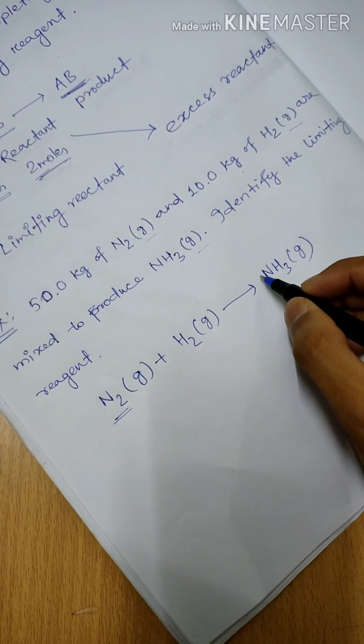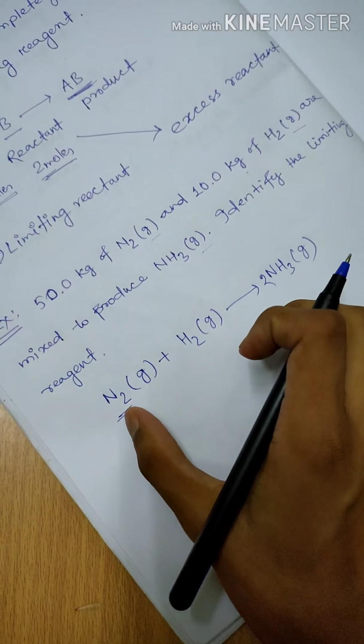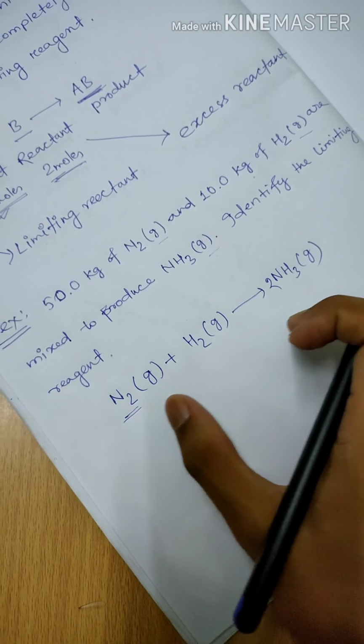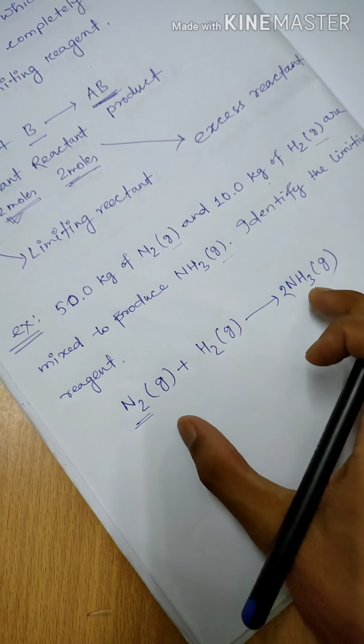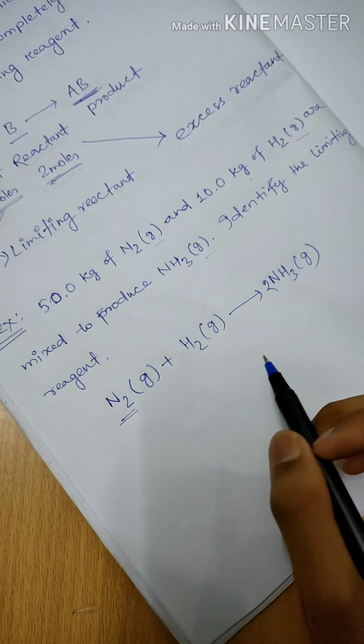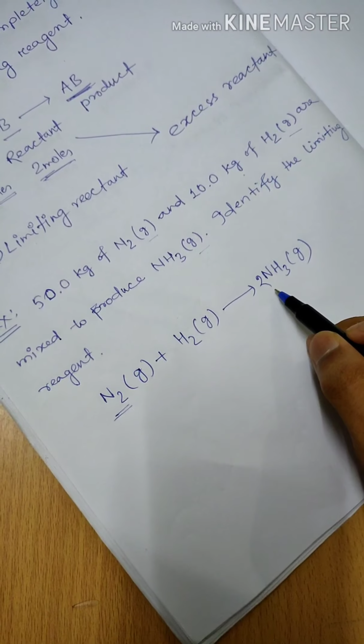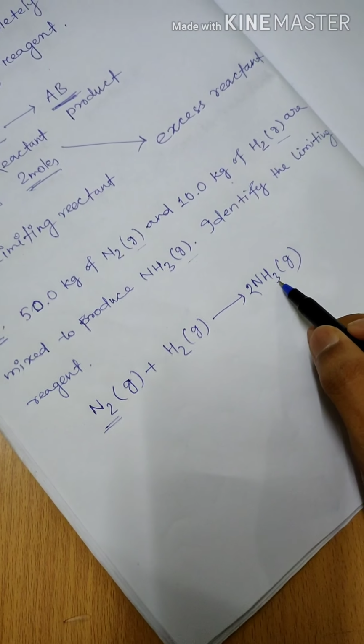So here if we put 2, then nitrogen in the left side and nitrogen in the right side is the same, 2 and 2. So now see the number of hydrogen in the right side, the number of hydrogen is 2 into 3, 6.